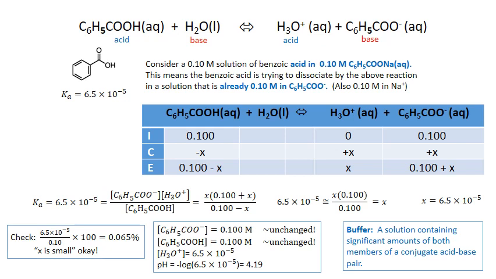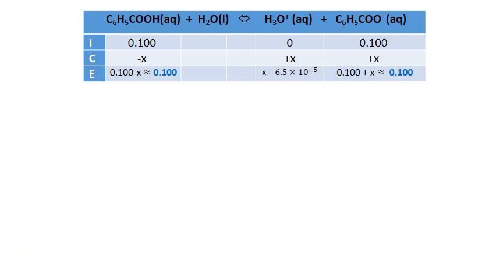What we want to do now is see what happens if we add some strong acid or add some strong base to this. So here is just the previous setup. This is what we had to have to start with. 0.1 and 0.1, and the H3O plus ion concentration turned out to be 6.5 times 10 to the minus 5.